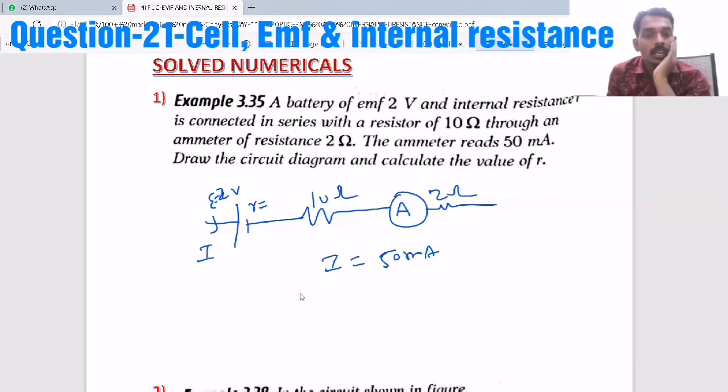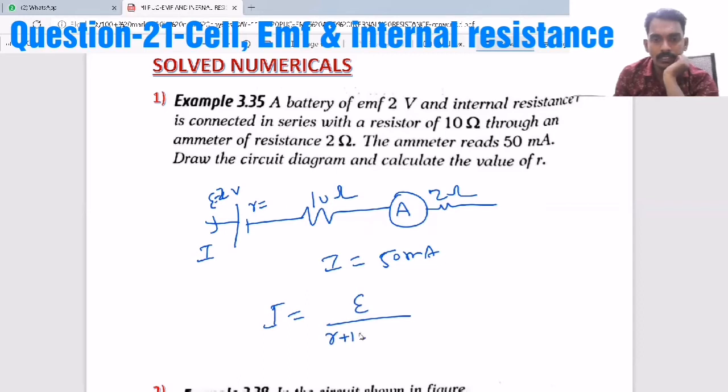Here we need to find the internal resistance. Now the current I equals epsilon by R plus 10 plus 2. All are in series connection.